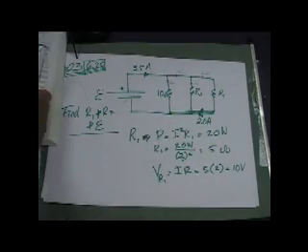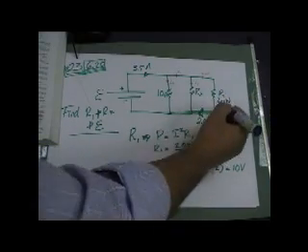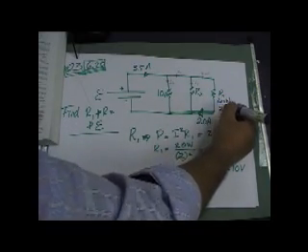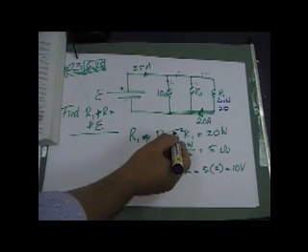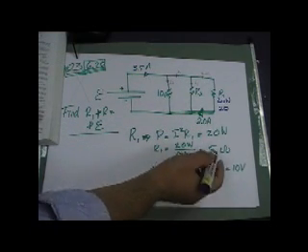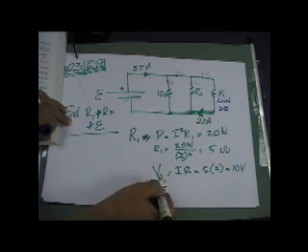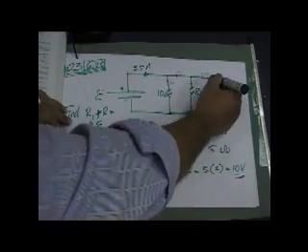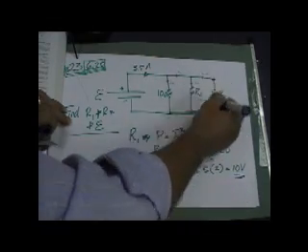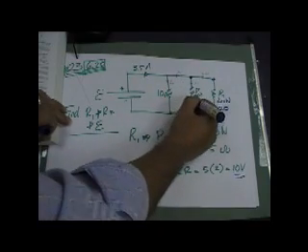The power dissipated here is 20 watts, and the current is equal to 2, and I know the power is equal to I squared R, so I immediately get R from here. Since I have R and I have I, I can get V, which is equal to 10 volts, so the voltage across here is 10 volts, which means the voltage across here is also 10 volts.